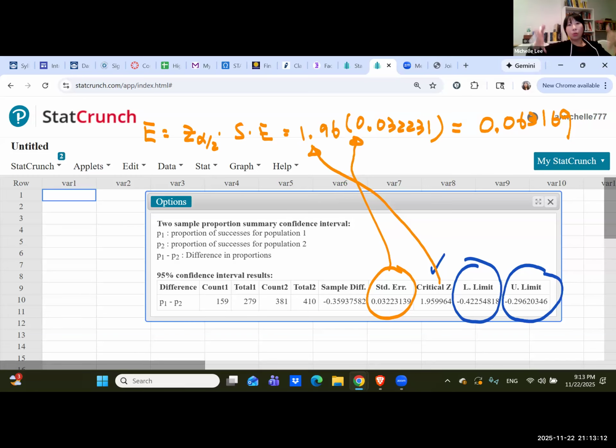But you have to have all the information, right? You still have to do the calculation, but less than by hand. So just use the accurate information there, critical value times standard error. Make sense to you?